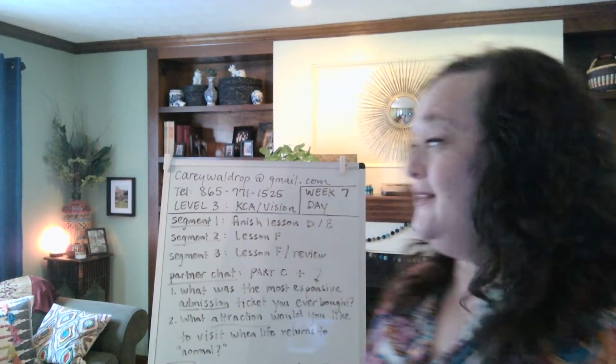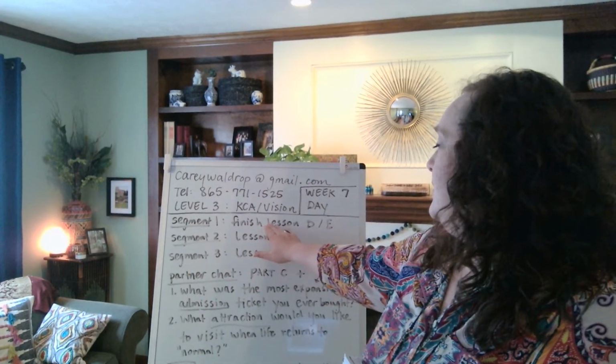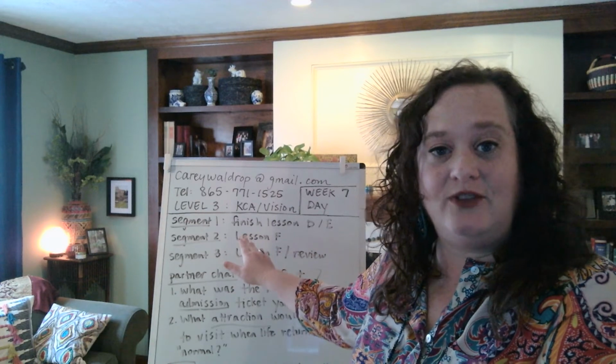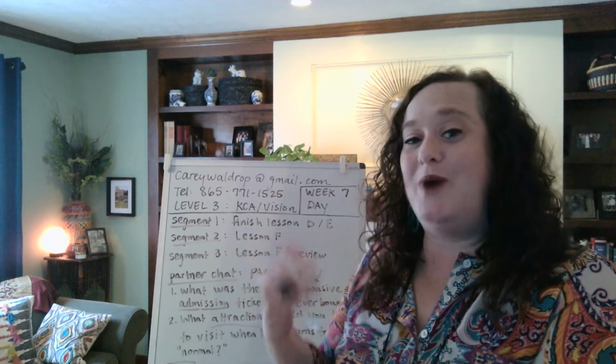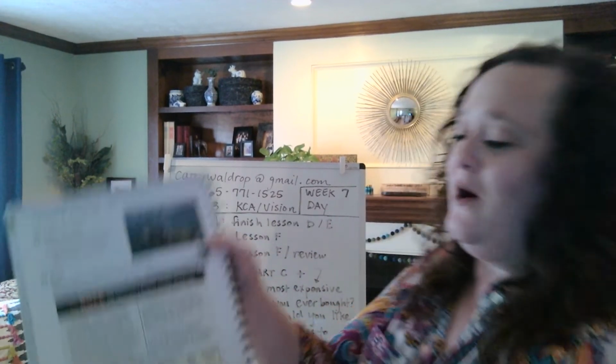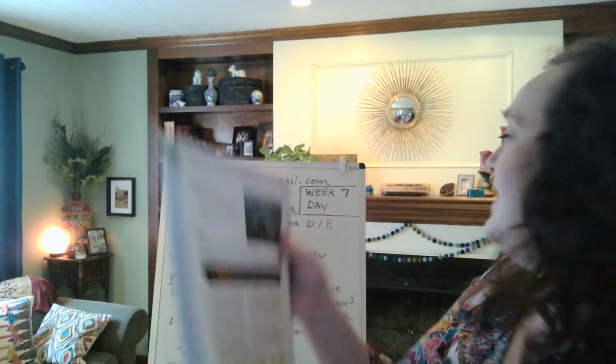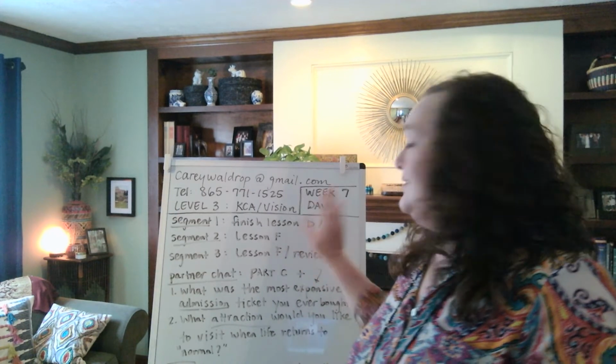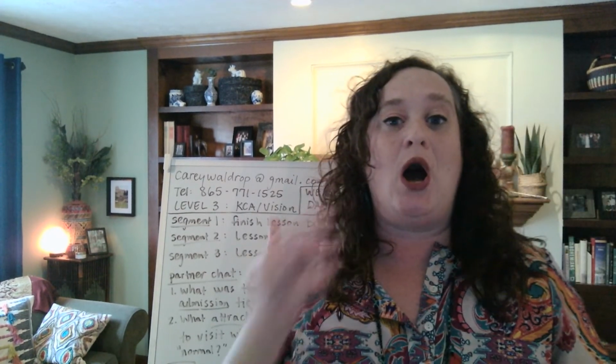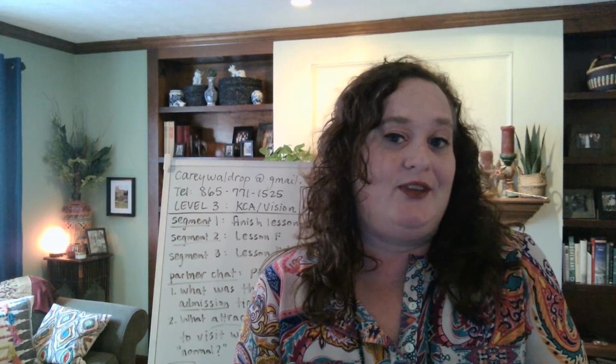So for today, our plan is segment 1. We are going to finish lesson D, which was the reading about the Rock or Alcatraz. Okay. We're going to finish lesson D and continue on to lesson E, which is writing practice.